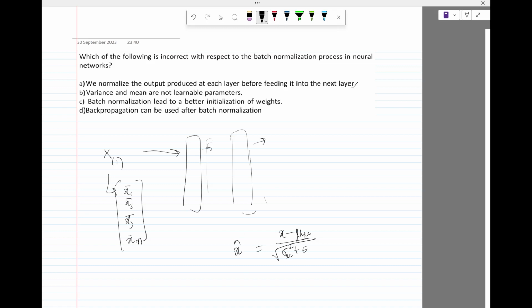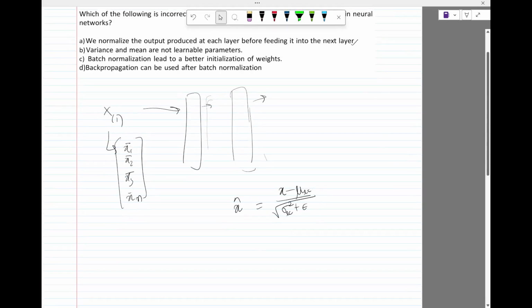This will have mean 0 and variance 1, but after you do this, you adjust the mean and standard deviation to get some output. Let me call it z. So this is your output after batch normalization. You do this step. What does this step do? This adjusts the mean and standard deviation.